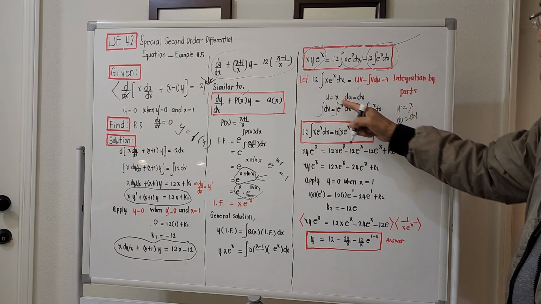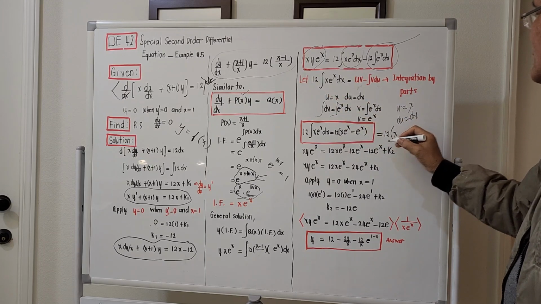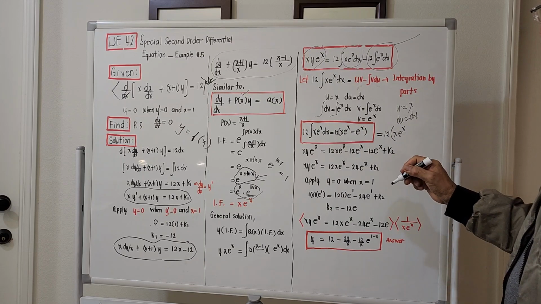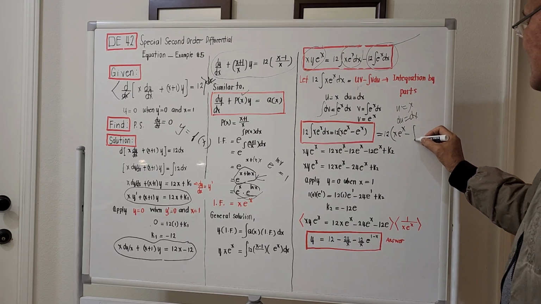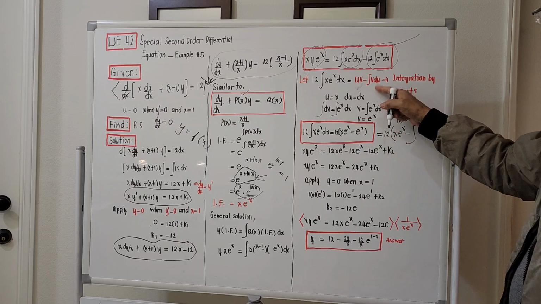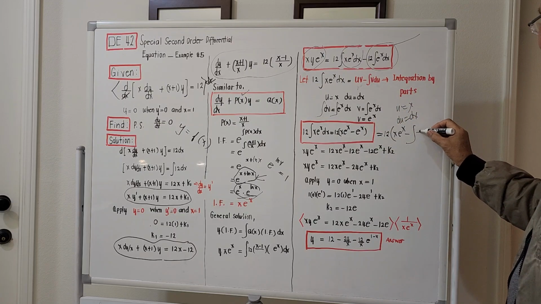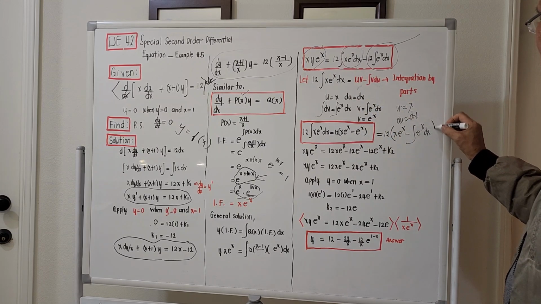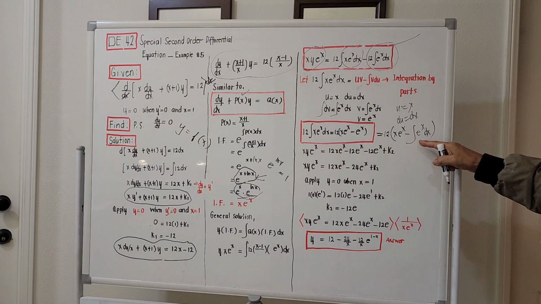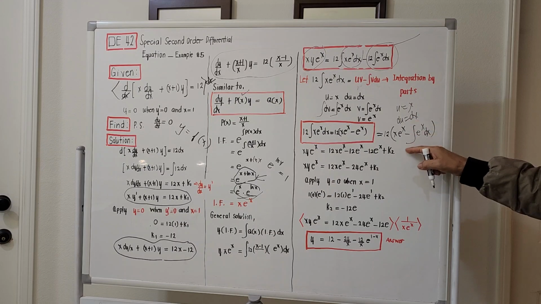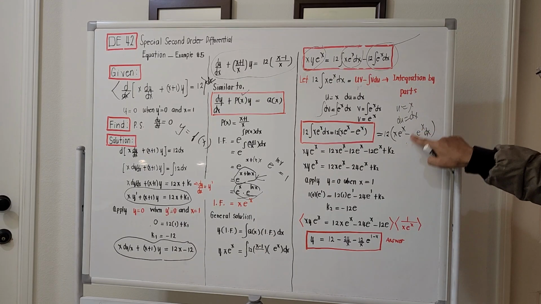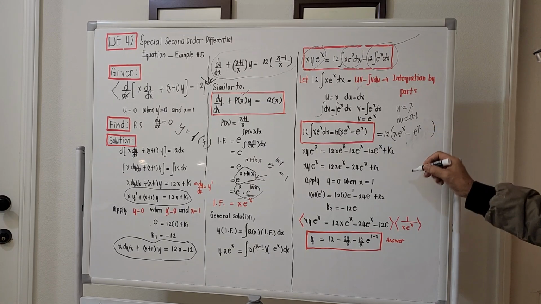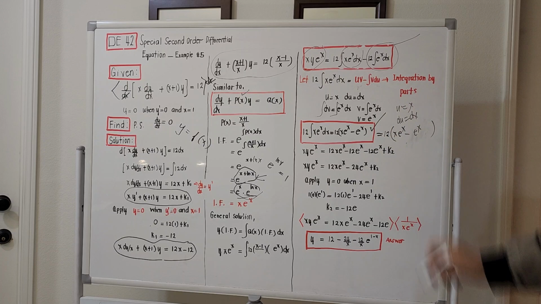What is u? It is x. And what is v? E to the x. Minus the integral of v du. What is v? E to the x. And what is du? It is dx. I will now try to simplify this one. The integral of e to the x dx is just simply e to the x.